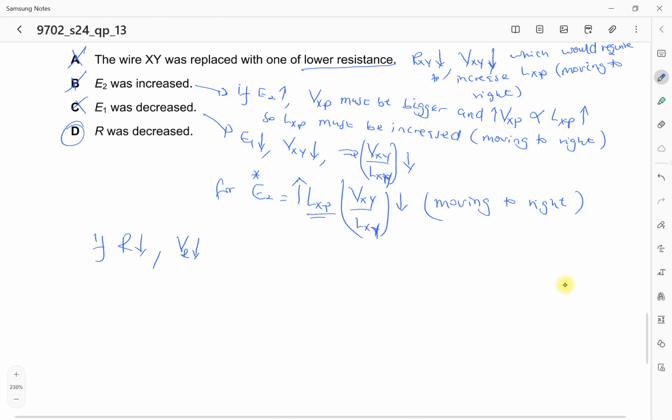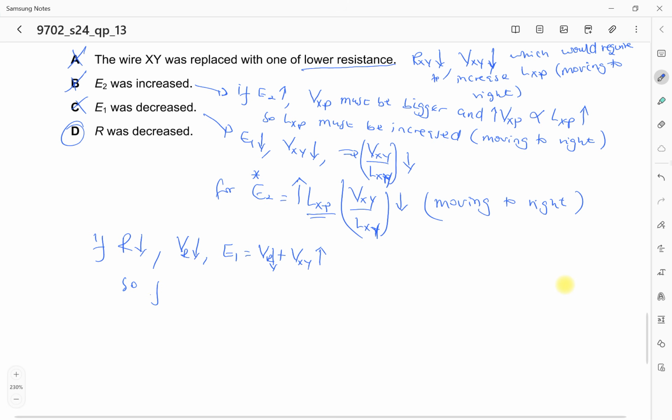So the PD across R1 has decreased. And remember, E1 is equal to the PD across R1 plus the PD across XY. When this decreases, this must increase. So it means the PD across XY has increased.